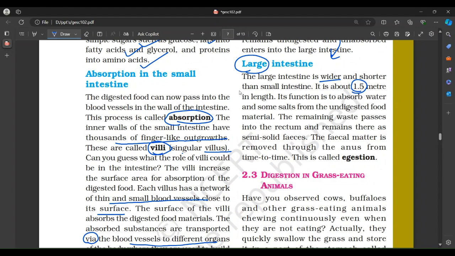Its function is to absorb water and some salts from the undigested food material. The remaining waste passes into the rectum and remains there as semi-solid feces. The fecal matter is removed through the anus from time to time, and this is called egestion. In this way, digestion happens in humans.